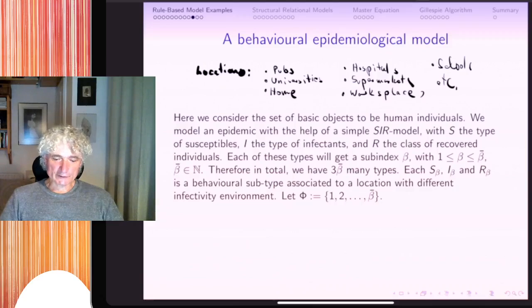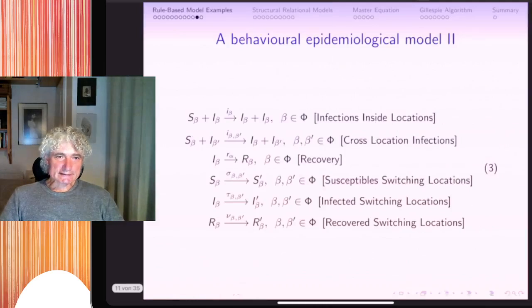But for example, some employers might allow you to work from home, so the workplace might involve a certain type of behavior. And how much you stay at home, for example, is also a little bit your choice. Okay, so we assemble all these indices in an index set which we call phi, and now I have to explain to you the rules which govern the game.